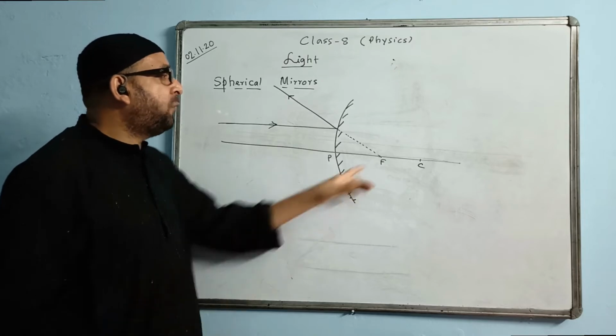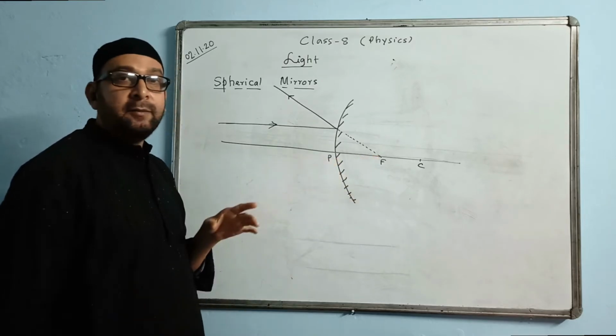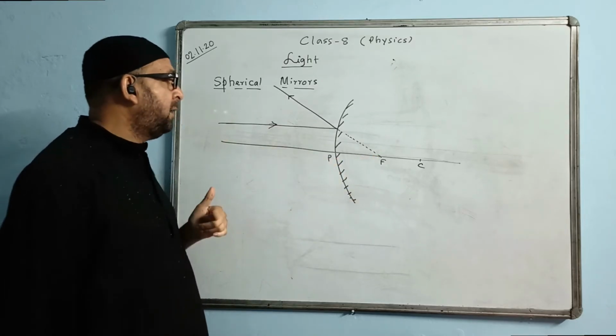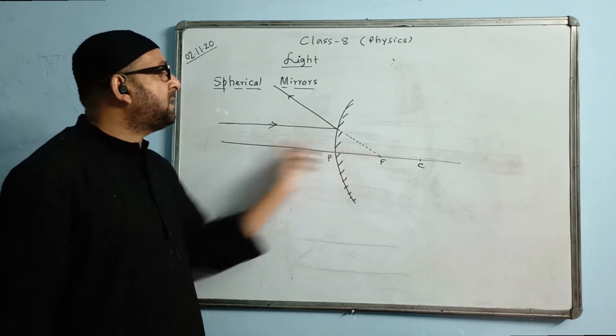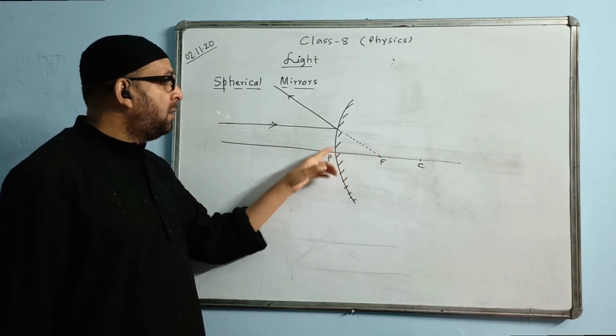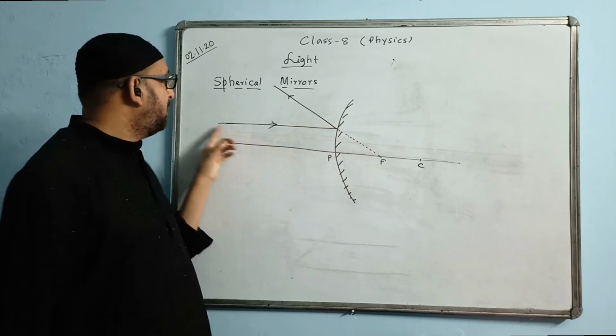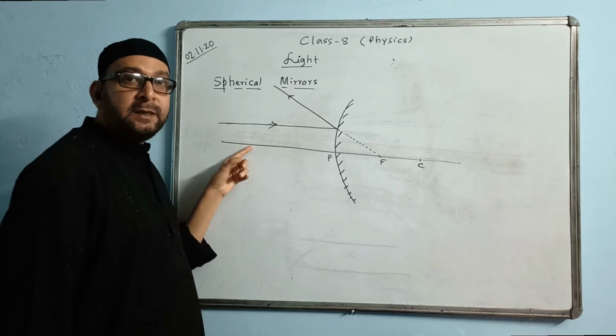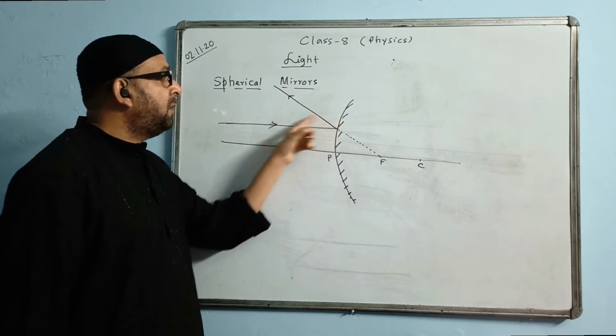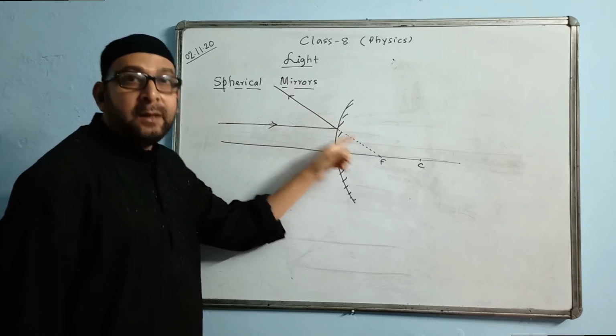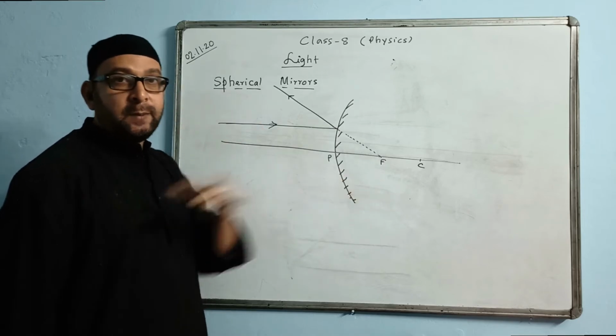So how to define the focus of a convex mirror? We say it is the point on the principal axis of the convex mirror through which an incident ray parallel to the principal axis, after reflection from the mirror, appears to pass. We use the words appears to pass.